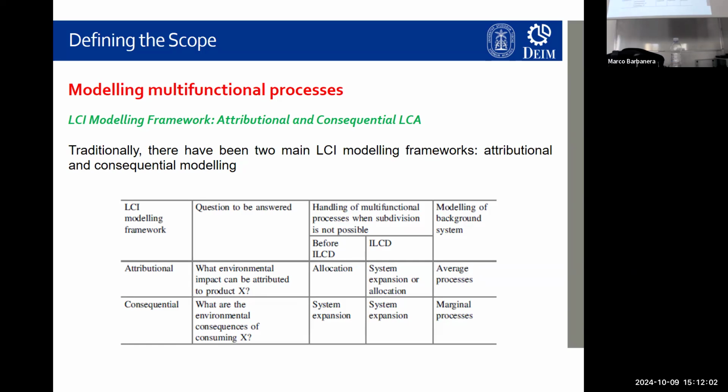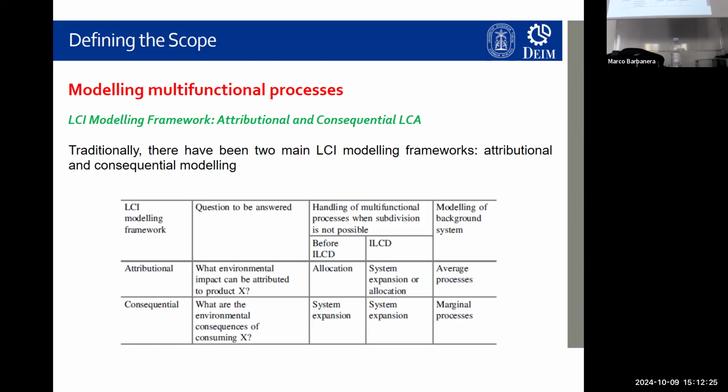Attributional LCA studies can be carried out according to the ISO standard. Consequential LCA studies cannot be carried out by the technical standard. For carrying out a consequential LCA study, we don't actually have an ISO standard, a technical standard.